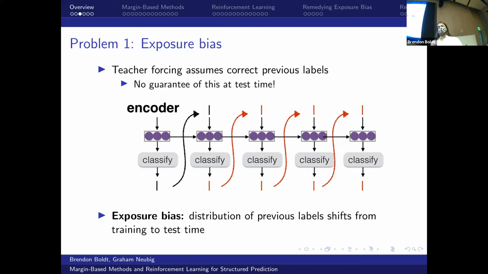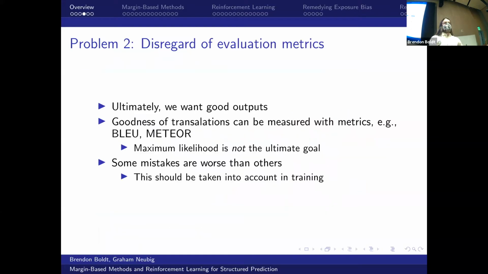The problem is there's no guarantee of this at test time. Our model is going to make some mistakes, most likely, in which case it's never seen those mistakes during training. And as we know, once your distribution shifts and you haven't really accounted for it, things tend to go downhill. So this is exposure bias, and this is the first problem we're going to be addressing.